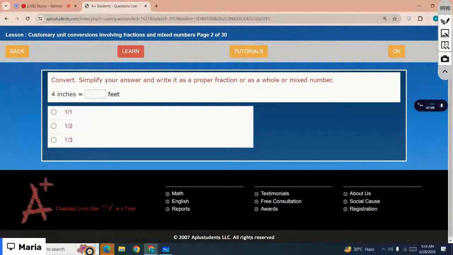Convert 4 inches equals how many feet? 1 foot equals 12 inches, right?